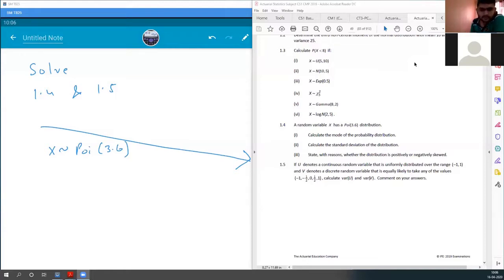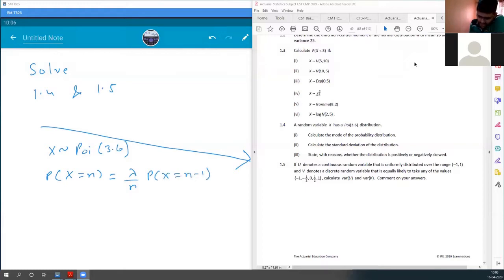So we talked about finding mode for Poisson distribution. What we have to do is we know probability x is equals to n is equals to lambda by n, probability x is equals to n minus 1, right?